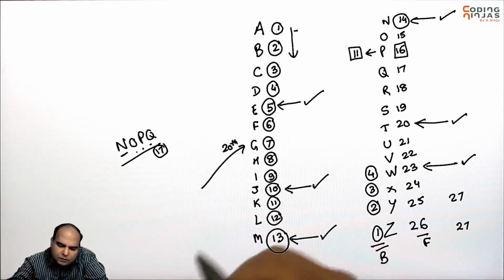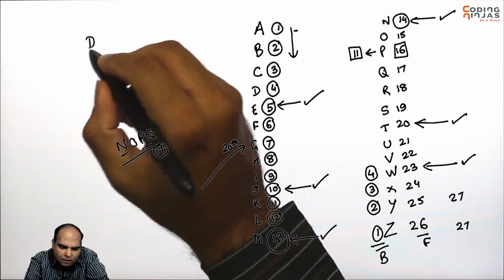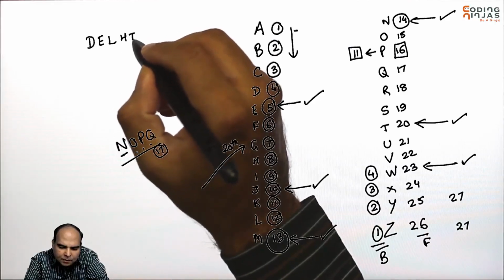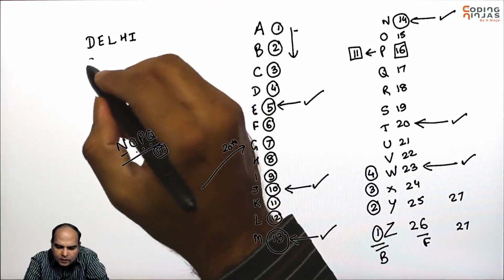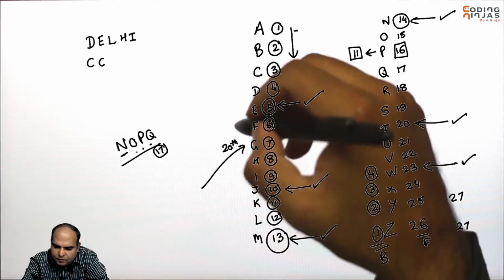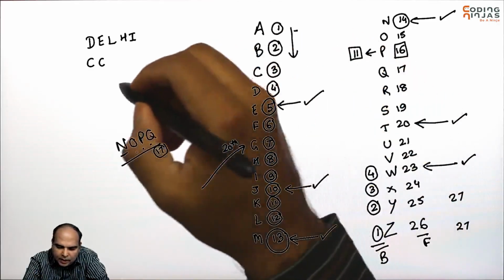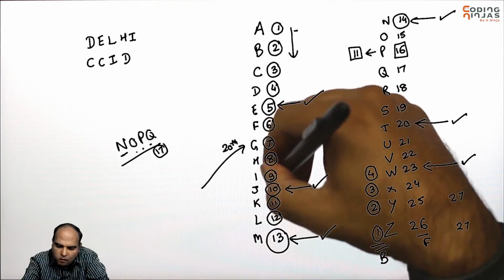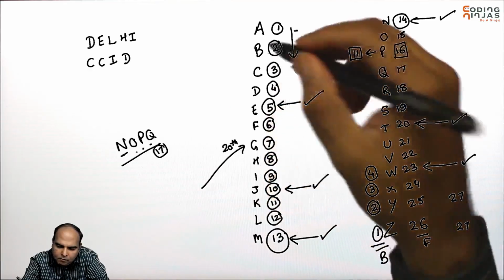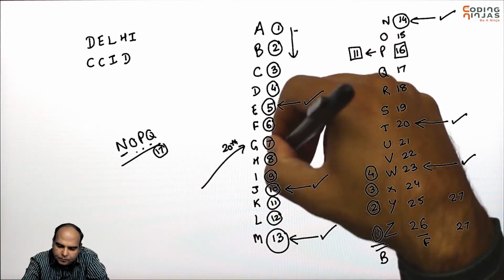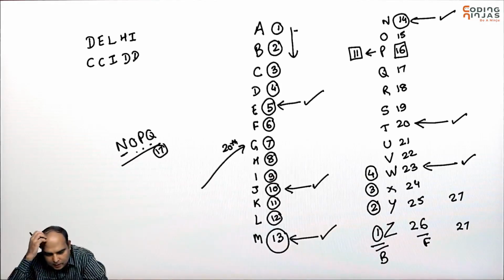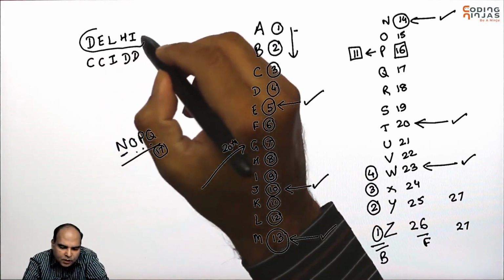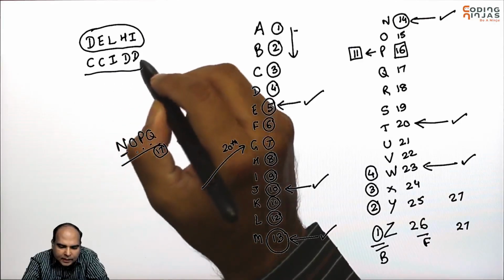And typical questions involve displacement of series in the alphabet. For example, if you get a question that in a coding language, Delhi is coded as CCIDD.